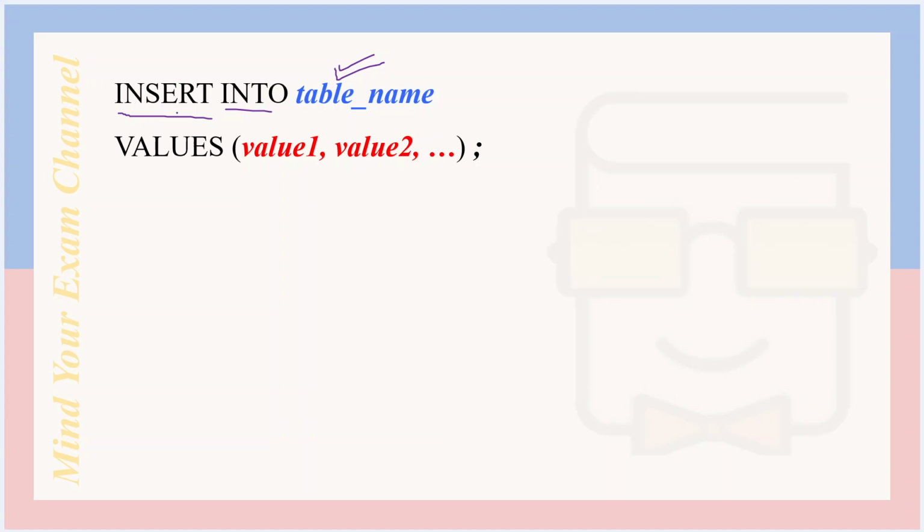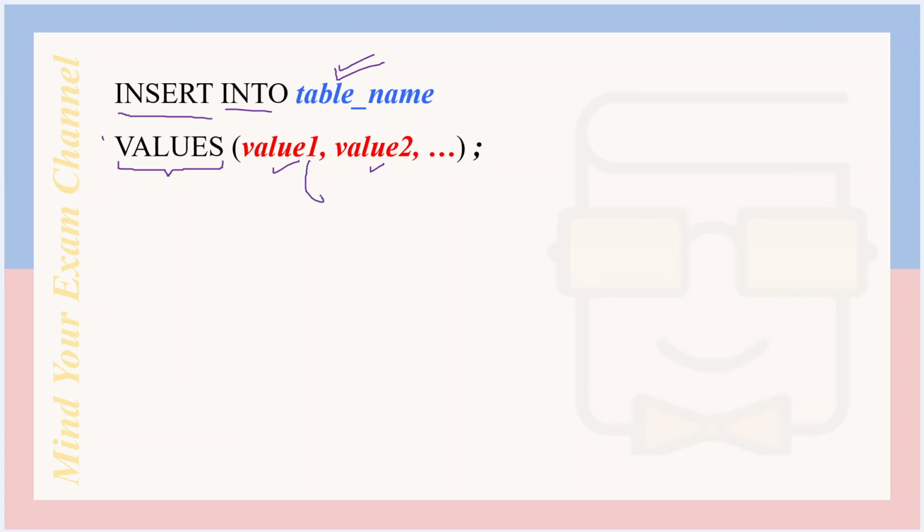After writing insert into, you write the name of the table and then you tell the database that these are the values that I want to insert. So you write the keyword values followed by two round brackets in which you specify the list of values.